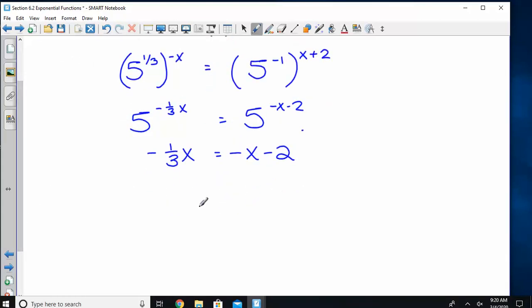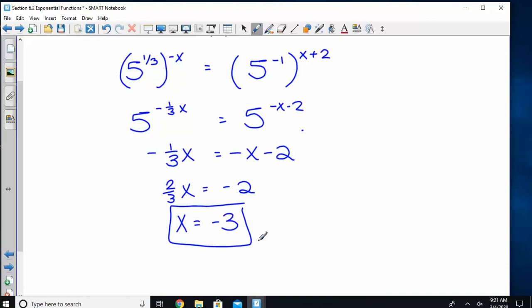Then what? Add our x. Negative 1/3 plus 1 would be a 2/3 x equals negative 2. Divide by 2/3.